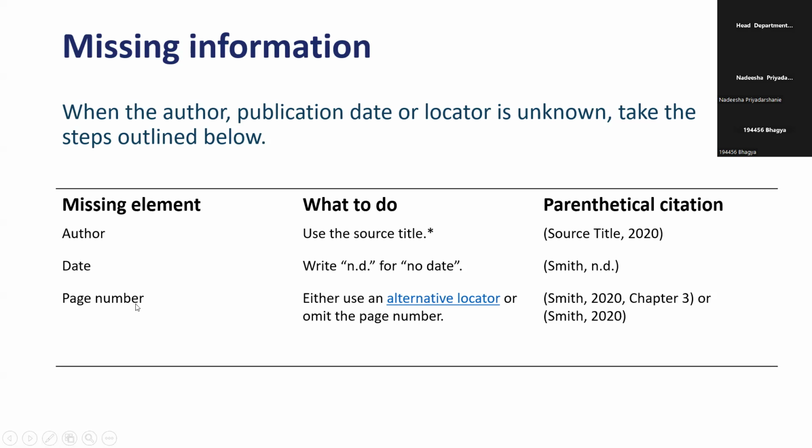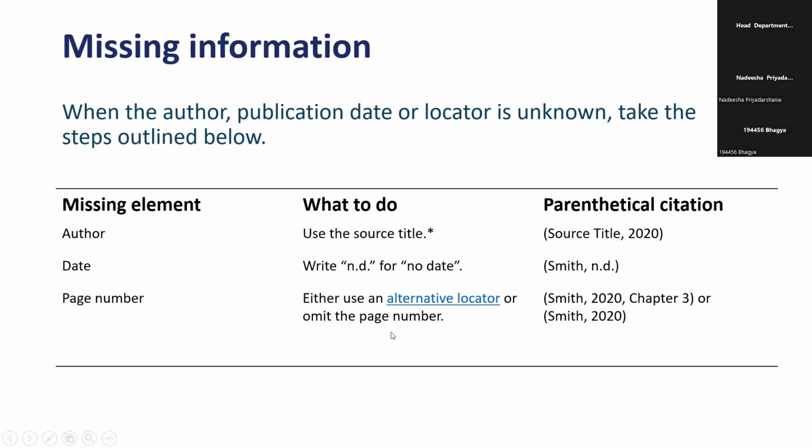Right. Then the page number. It is required to put the page number, however, when you are referring to an article, we don't need to put the page number, but if you are referring to a book, then we need to mention the page numbers. Either use an alternative locator or omit the page number.